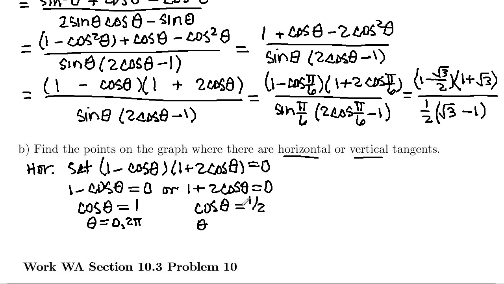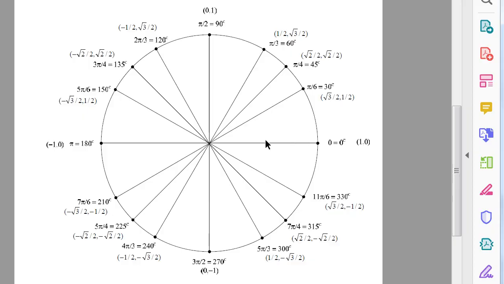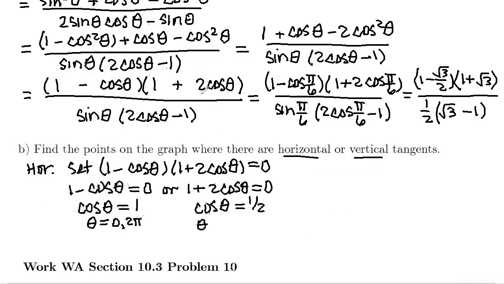So we grab our unit circle here. So x-coordinate is equal to 1/2. That's at pi over 3, and then also at 5 pi over 3. And we only want things that are between 0 and 2 pi.